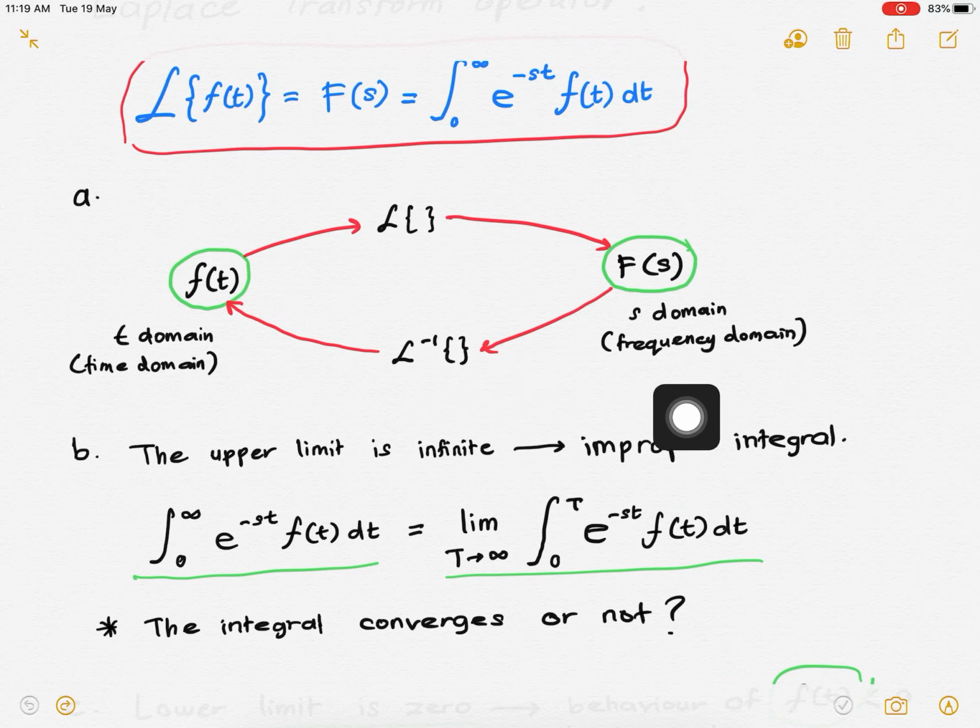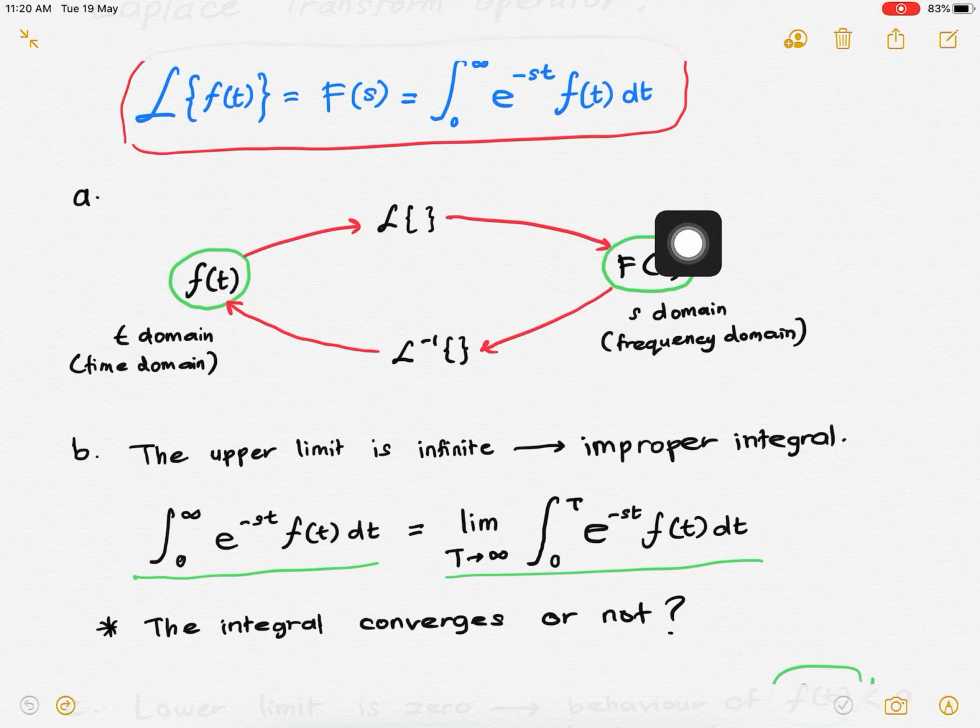So, some information that we need to know about the Laplace transform is, first, it will transform the small f function in the t domain or time domain into the S domain function, for which we use big F. So we will have a function of S, and it is also called the frequency domain.